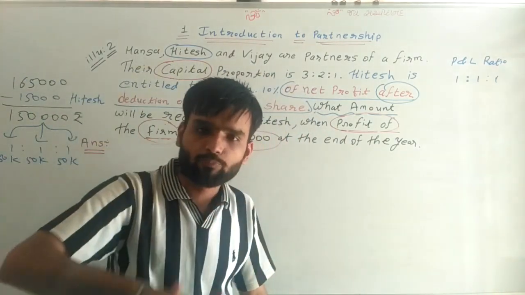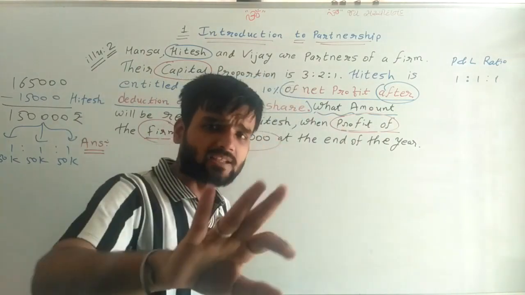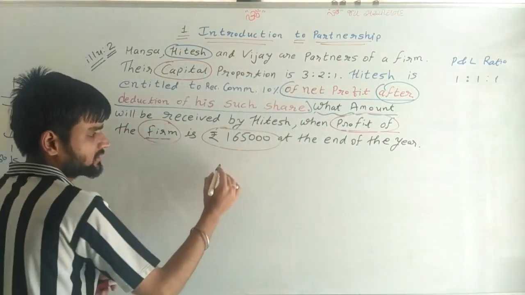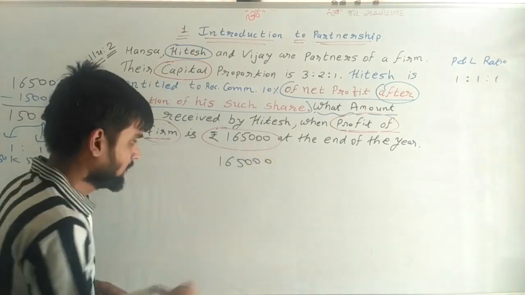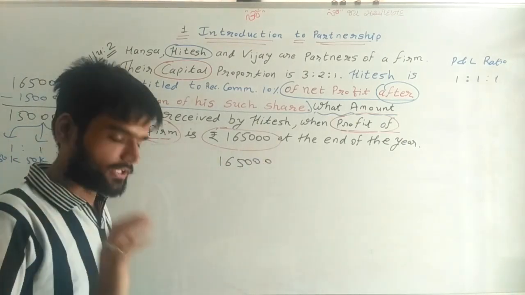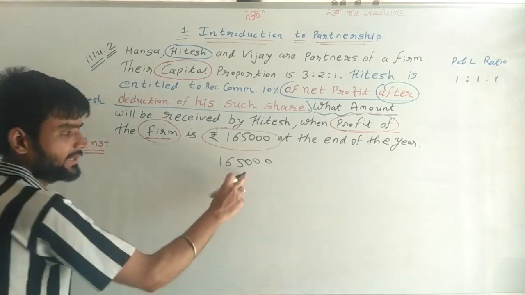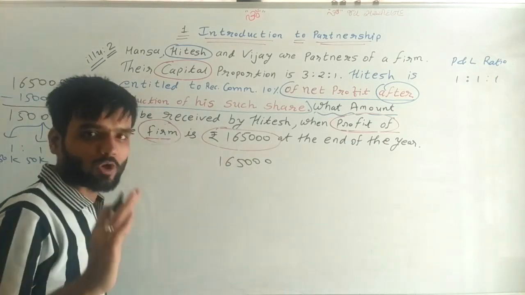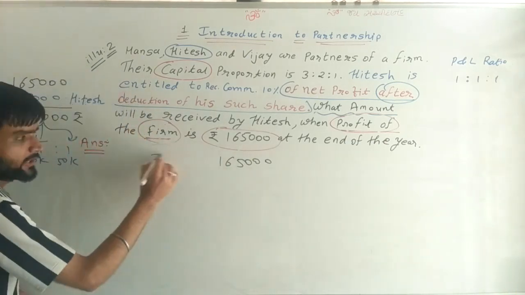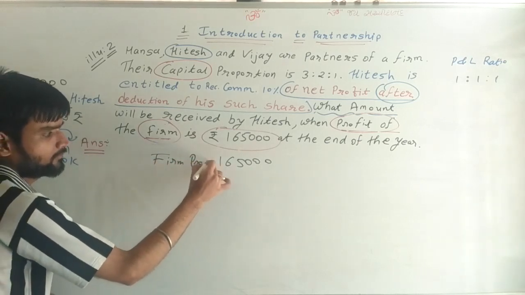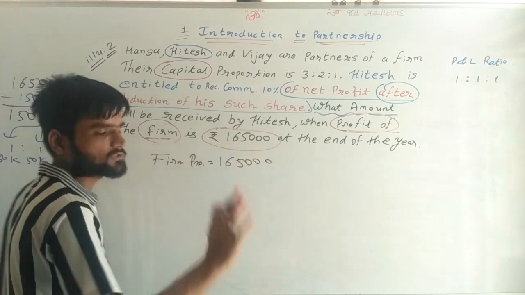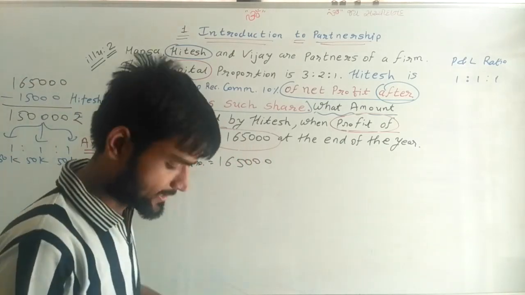Now all of you know the whole sum, and in that sum you have the answers of commission also. 1,60,000 is a profit and it is a firm profit, all of you know. So my firm profit is 1,65,000 rupees.